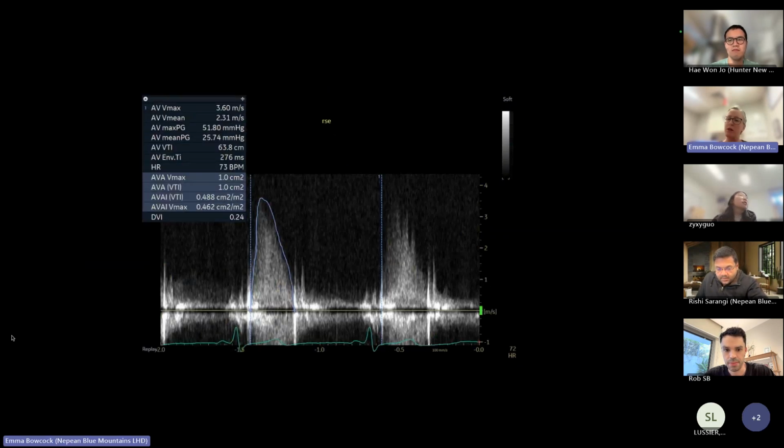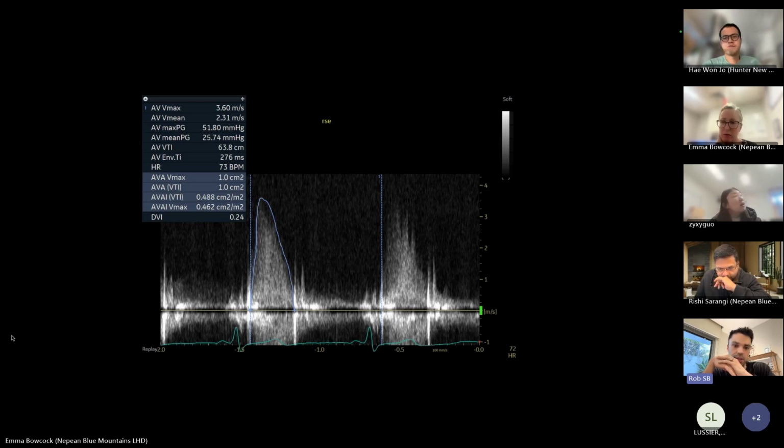Interesting, Rob. We'll come back to that. What do you think of this one? This is not PEDOF, but maybe it's a PEDOF probe that we've used here at the right sternal edge. That's shown us a maximum velocity of 3.6, so it's still high, with a mean gradient of 25.